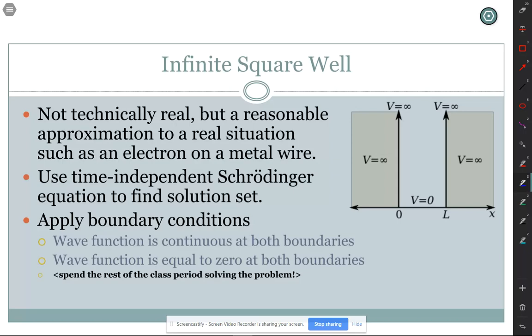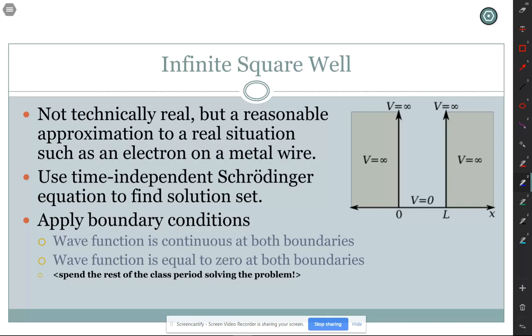But this box has infinite walls. Remember, potential energy's reference point is arbitrary. You can set the reference point wherever you want. So we choose to set the bottom of the box as 0 potential energy. And the walls go up at infinite height, so it's infinite potential energy to get outside of the box.